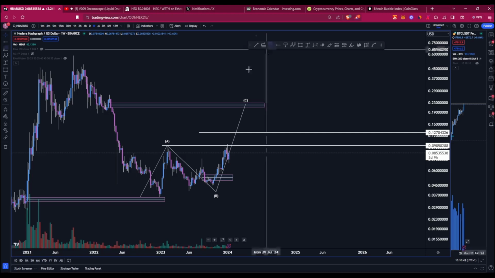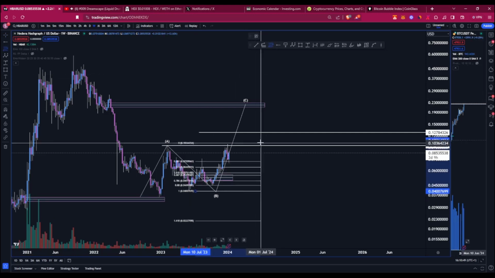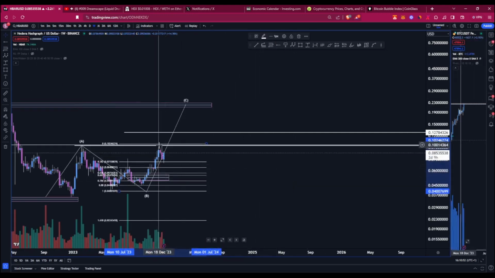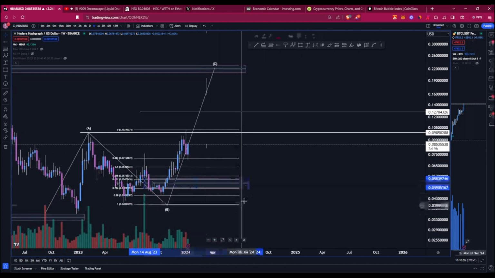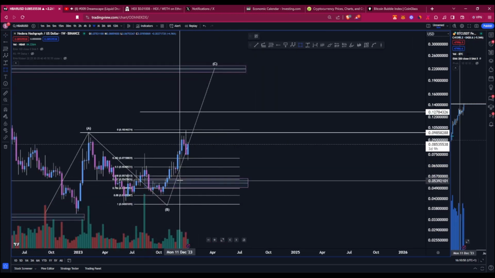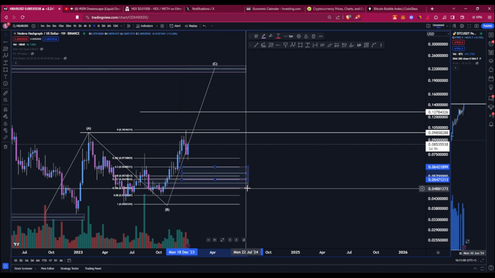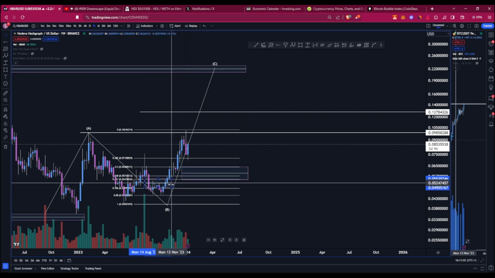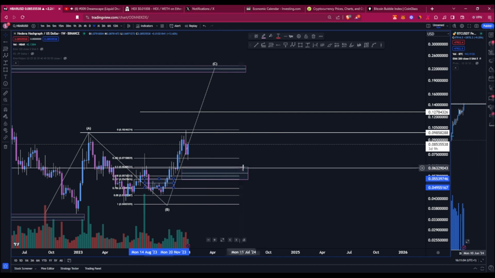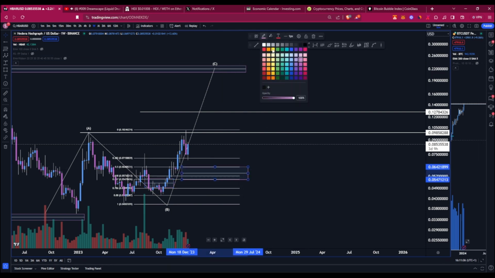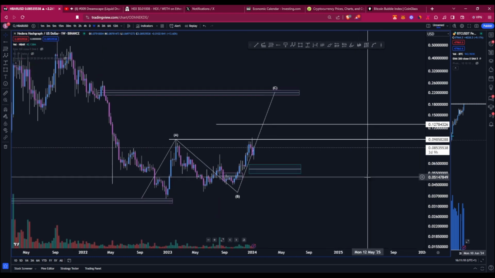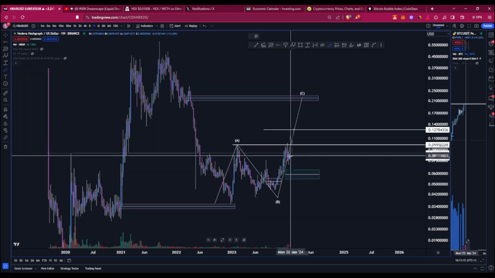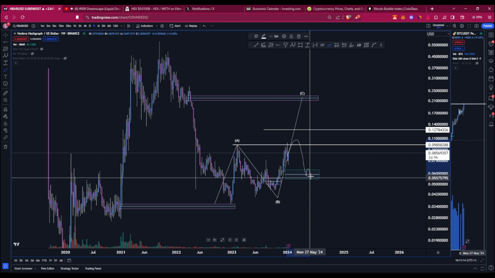So for now, what could be a potential correction before, in case we don't break it? We could see the price coming back, let's say, to this zone. I will make it in green. So if that happens, don't be afraid to buy.